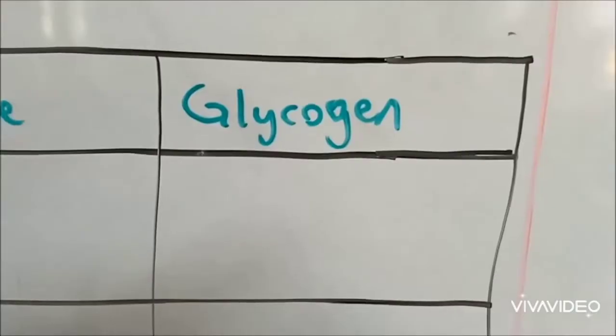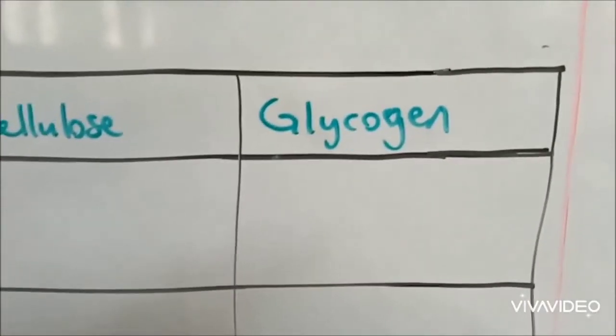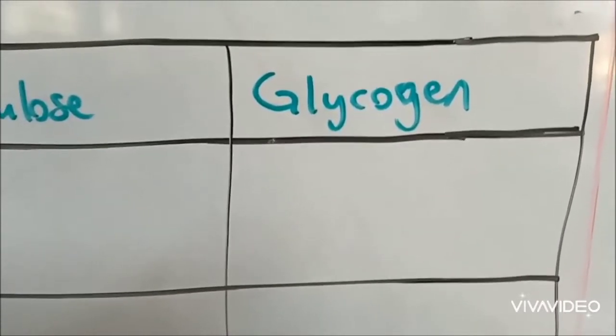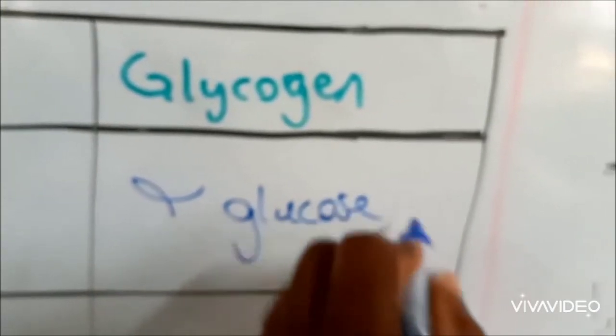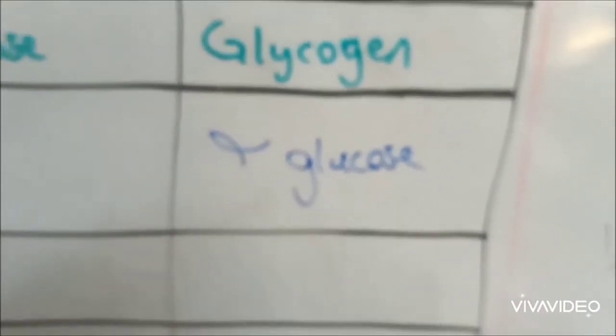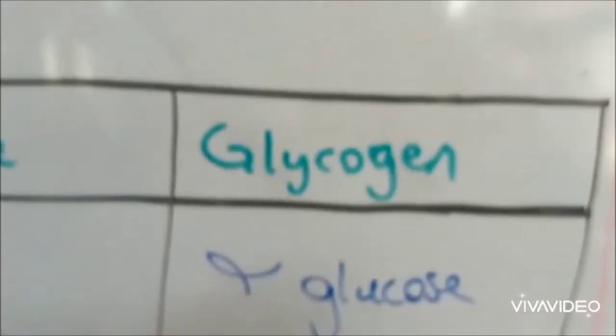Good. Energy reserve. Let's look at glycogen now. Glycogen, what type of monomers make up glycogen? Everybody would remember alpha glucose, just the same. Glycogen is made up of alpha glucose molecules. What types of glycosidic bonds would you see in glycogen?